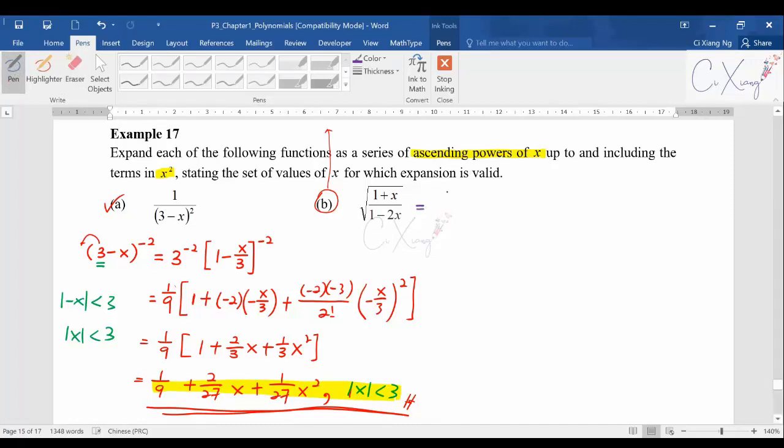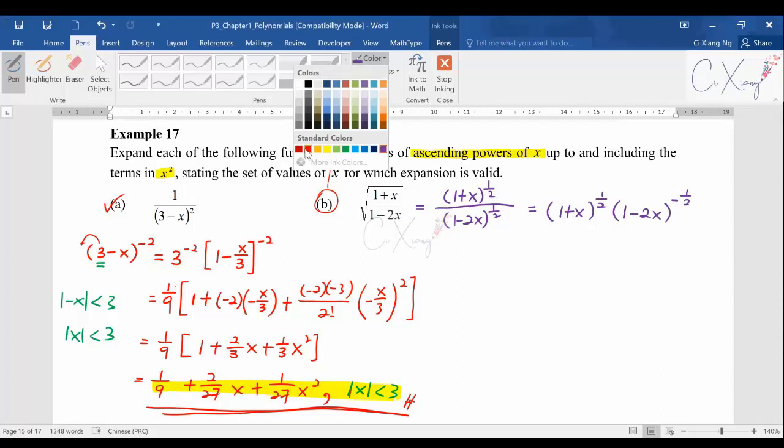You can write it as 1 plus x to the power half on top, divided by 1 minus 2x to the power half at the bottom. To do the expansion, you need to bring both brackets to the top. So this one, you bring it out, you will become 1 minus 2x to the power negative half.